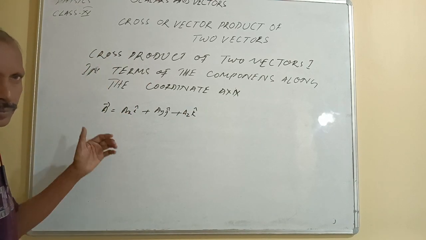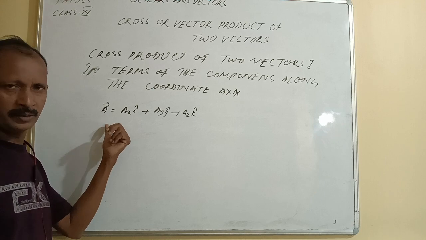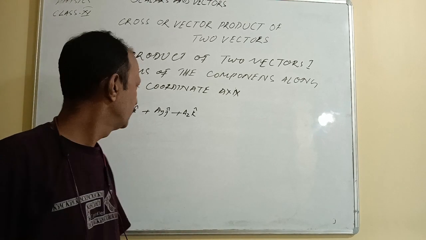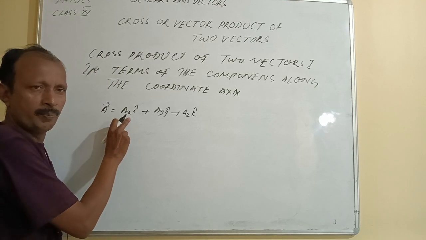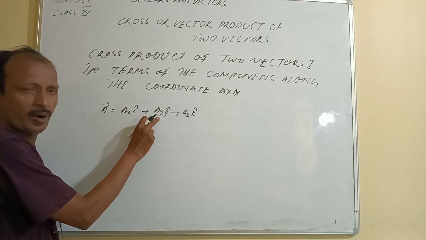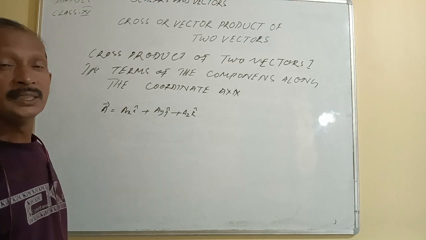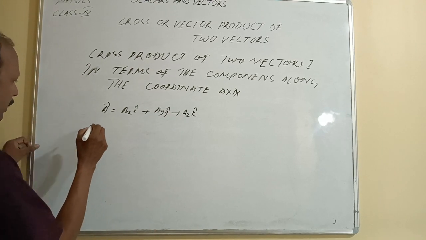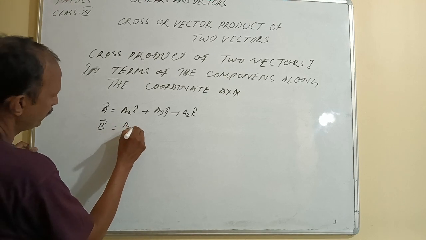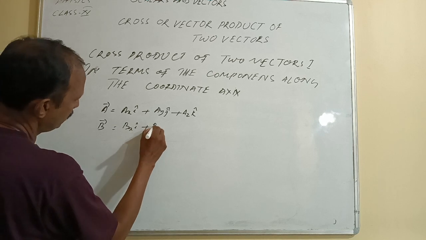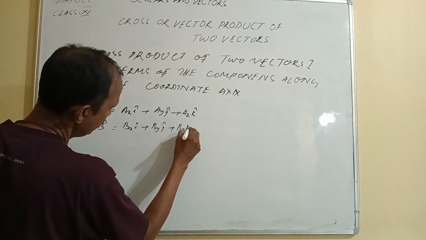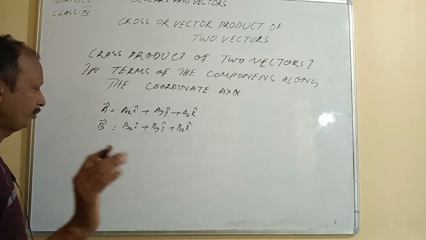That means I have resolved the vector into its X, Y, Z components. Ax stands for the component of the vector A along X axis. Ay is for Y axis. Az is for Z axis. Similarly, I can write the vector B is equal to Bx I cap plus By J cap plus Bz K cap.